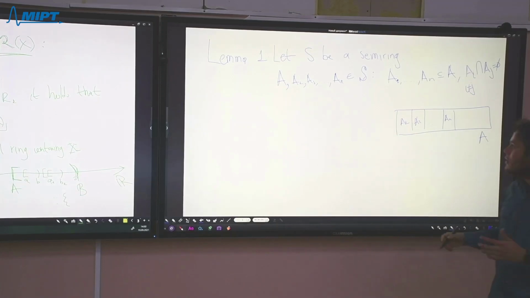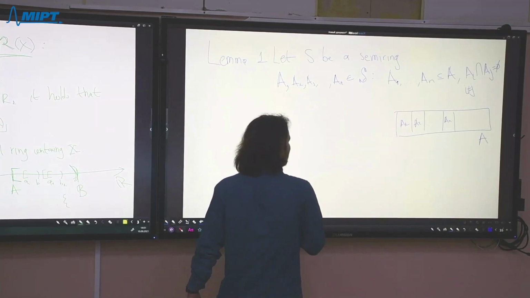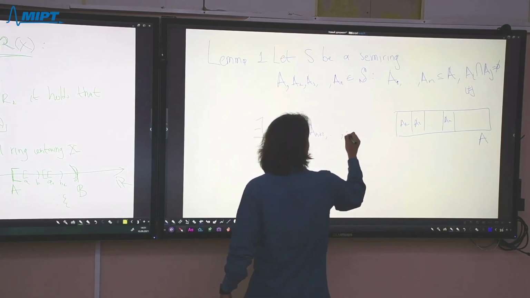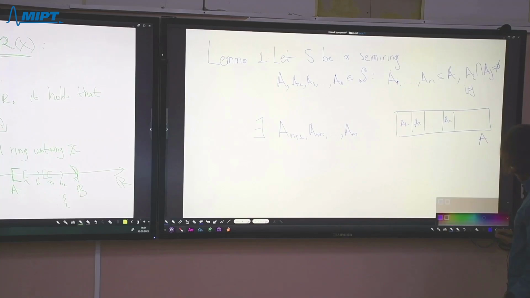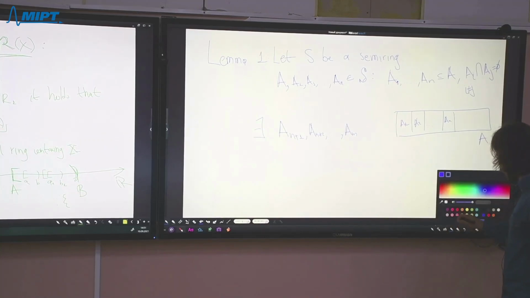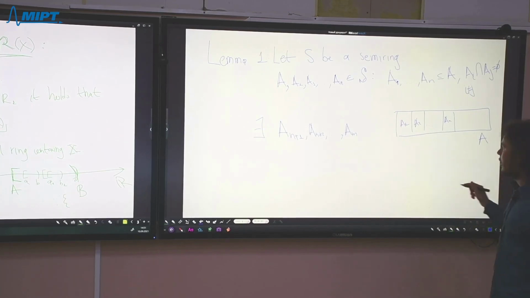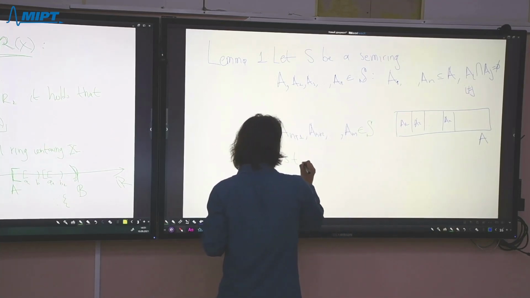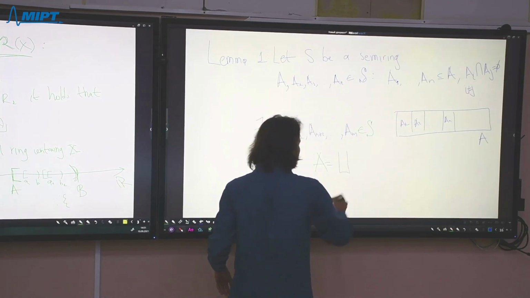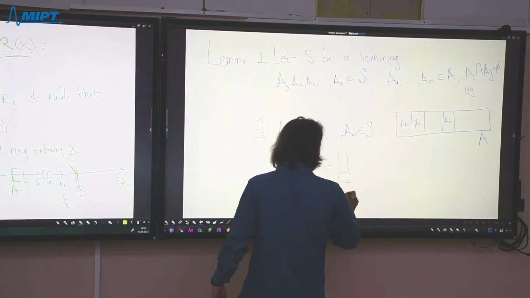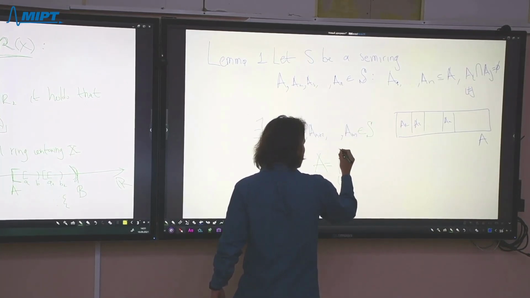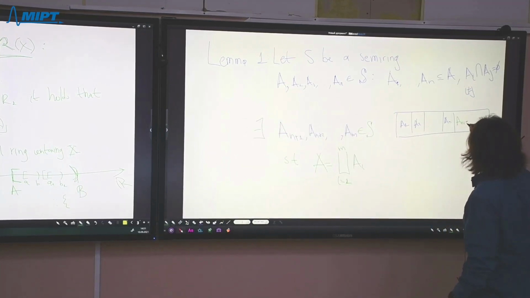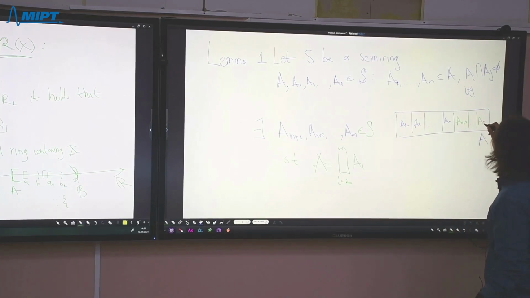And we state that there exist then the following sets: A sub n plus 1, A sub n plus 2, up to A sub m, also elements from S, such that A is equal to the disjunctive union of all of these sets, from 1 to m of A sub i.